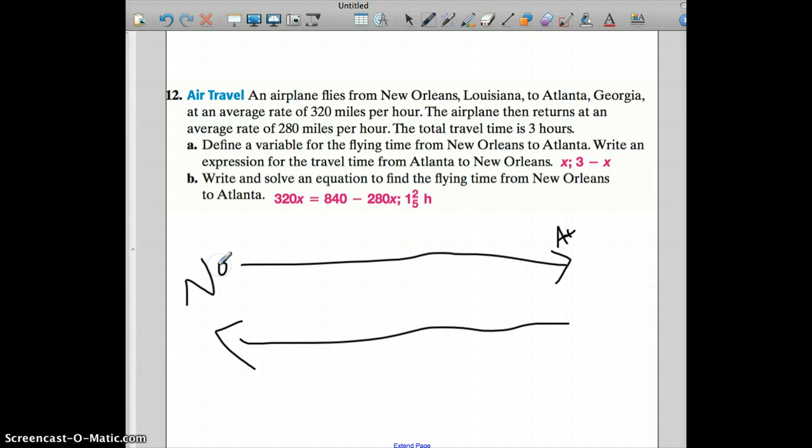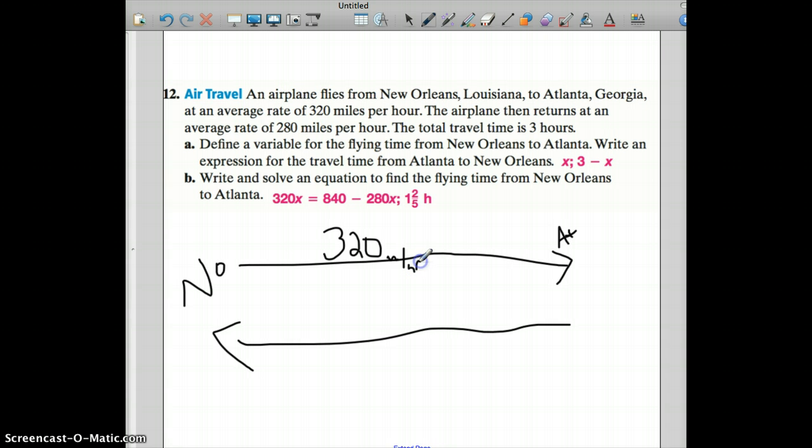When it travels to Atlanta, it's traveling at 320 miles per hour. Coming back, it's traveling at 280 miles per hour.